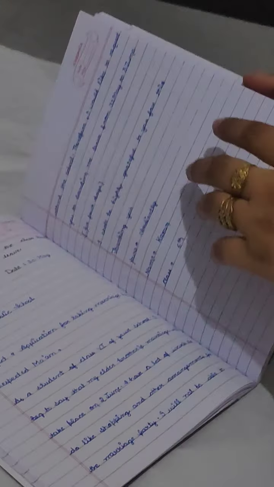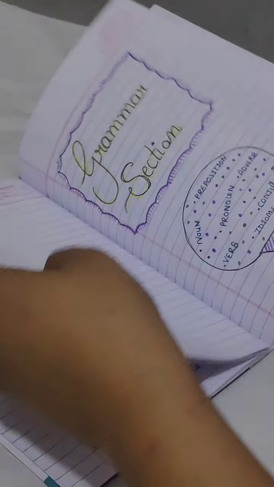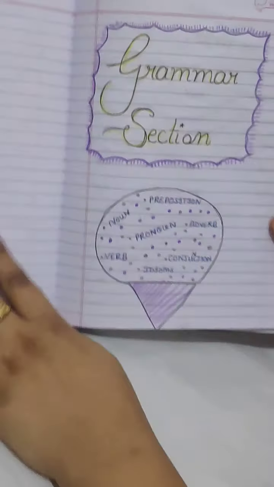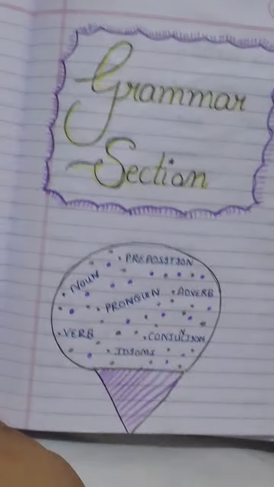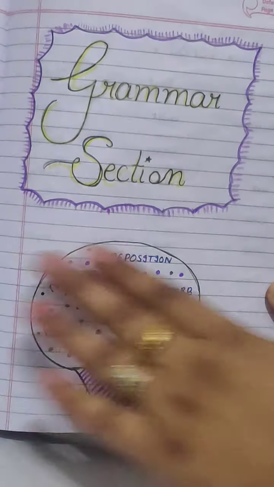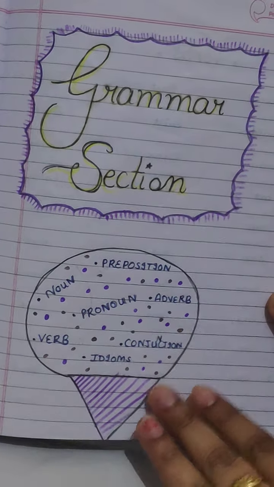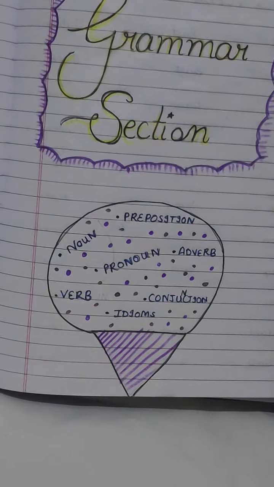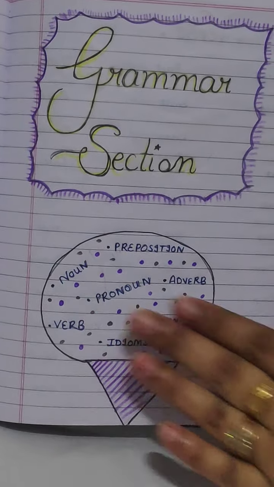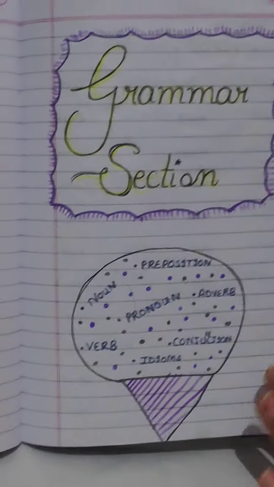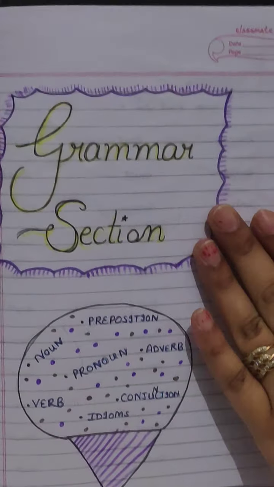Now I am going to tell you about the third part, the grammar section. Look, it's also very beautiful. It's your choice. You can omit it, you can skip it. It's your choice whether you make this type of diagram or not, but you have to write like this.